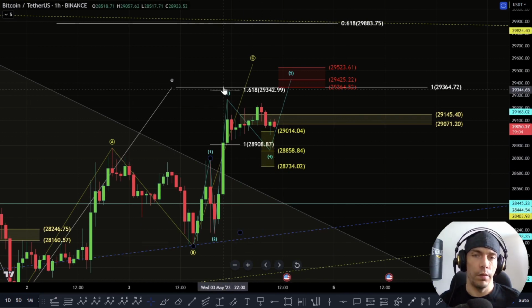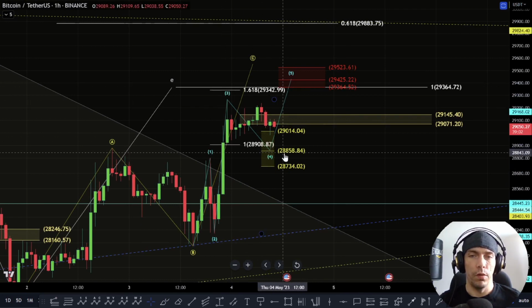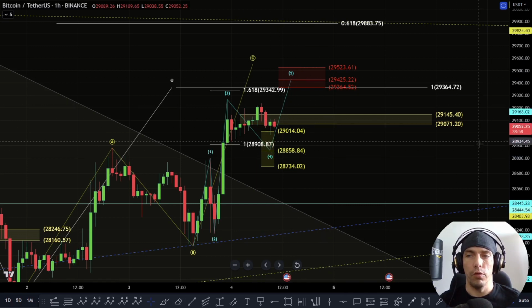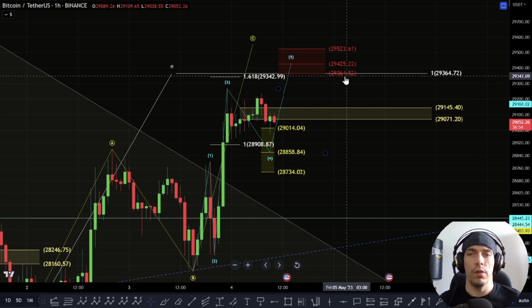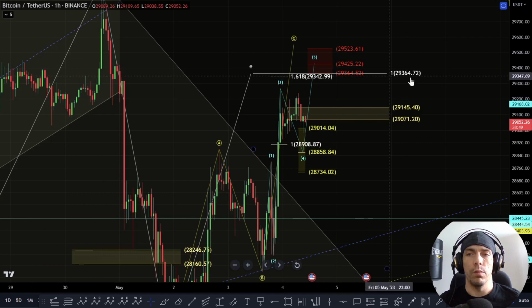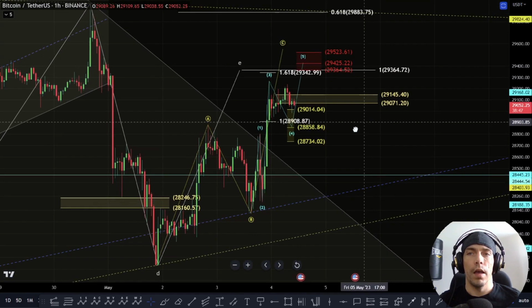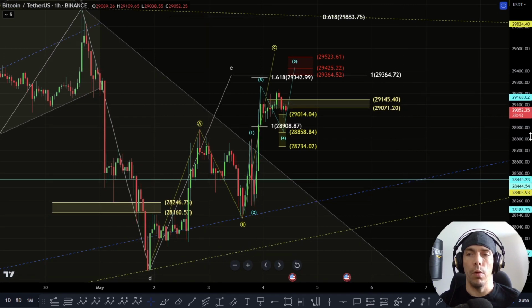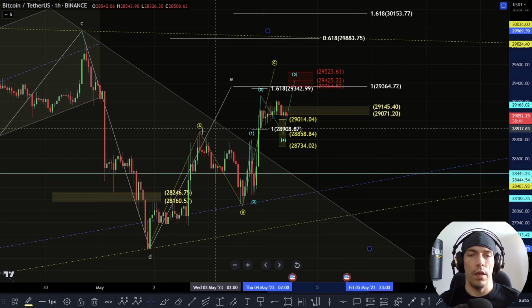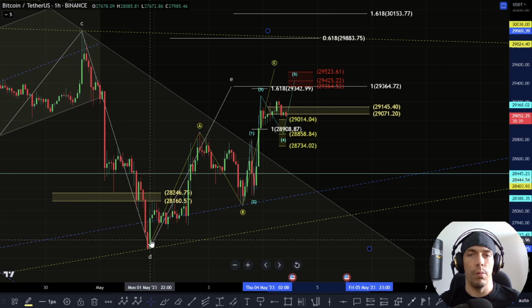Now, if we want to find this as a fourth, basically we'd want to find support in this 28,858 area, and then we'd be looking for another push to the upside. That could look to potentially push us up towards this 29,364 to this 29,523. This would also bring us up into that 1-to-1, as well as take us past this 0.618 area we're looking for. And that was looking at this in relation to this D wave here.